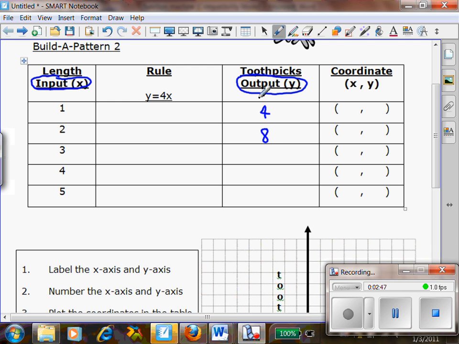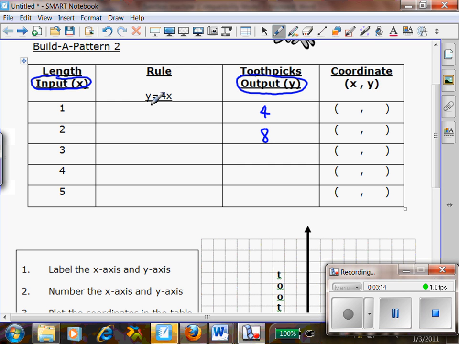Think in terms of we're going to graph these points. Hopefully you remembered that each ordered pair, when I have parentheses and a little comma in between, has an X value or an X coordinate and a Y value or Y coordinate. So I called mine X and Y because I knew what was coming. I'm going to make those inputs and outputs and make them ordered pairs.